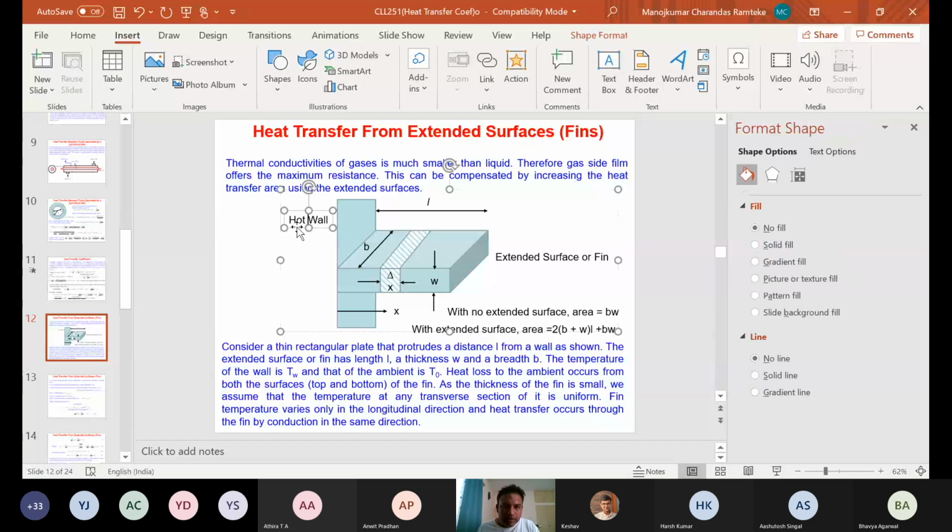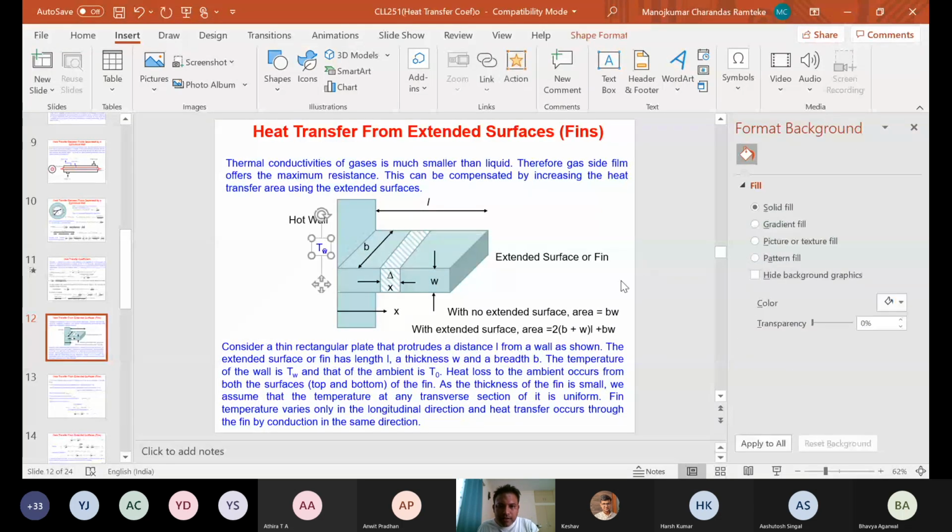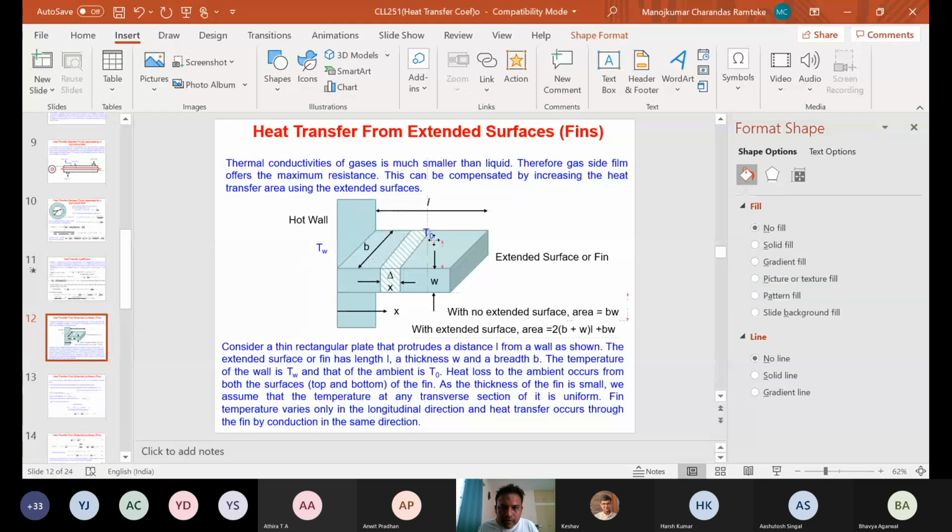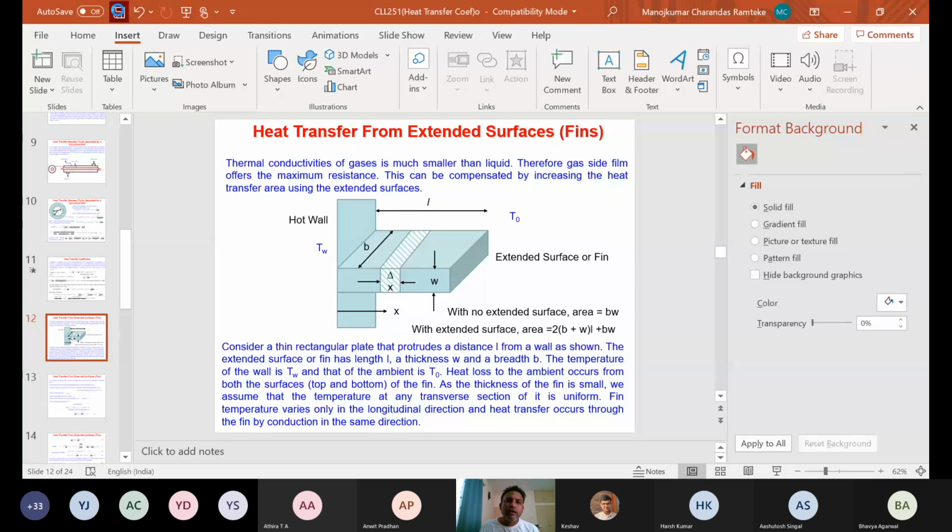Whereas the temperature of the ambient is somewhere outside. Okay, so this is what the system is.